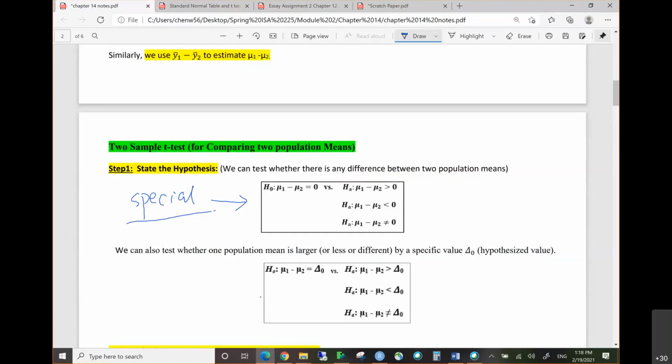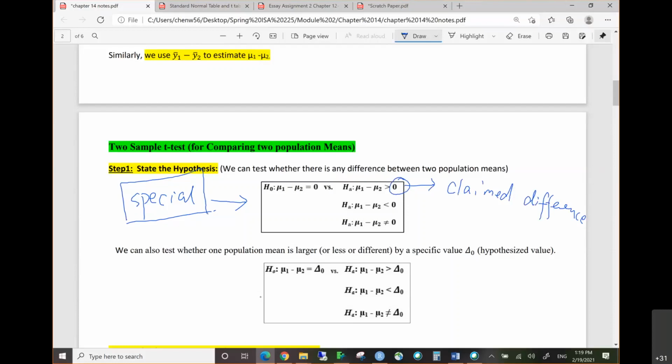As long as I know mu1 is larger than mu2 or less than mu2 or just different from mu2, that will be fine. Then we have this special case for the two sample test. That means we just test about the difference being 0. So this 0 is also our claimed difference that we want to test about.